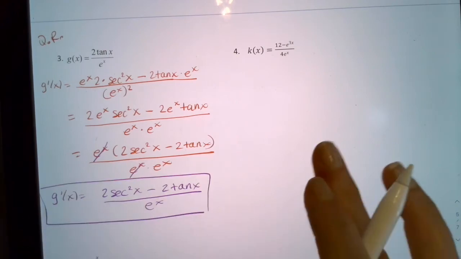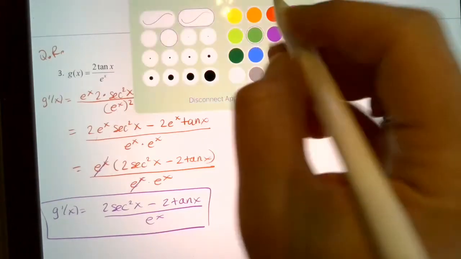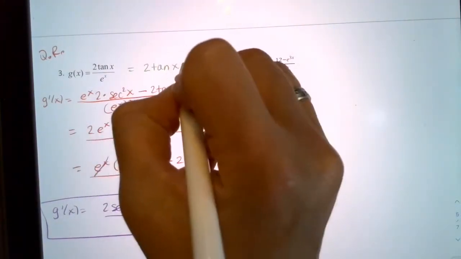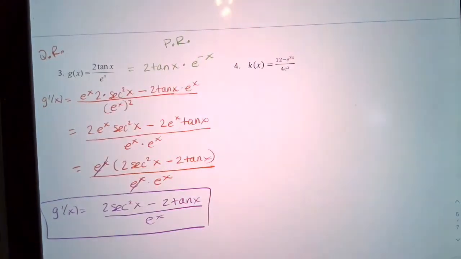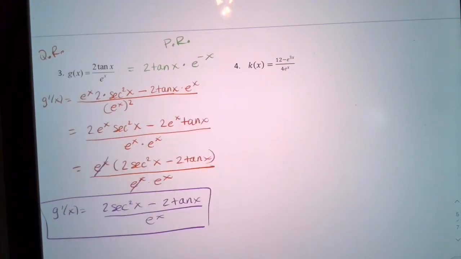Now, for those of you that are wondering, you certainly could, if you wanted to, I'll just change a color here, if you wanted to do this derivative as a product rule, oh, you certainly could. You should get an equivalent answer. You would just bring that e to the x up, and then it would have a negative exponent. You're probably used to that from Calc 1. Sometimes maybe your instructor did that.